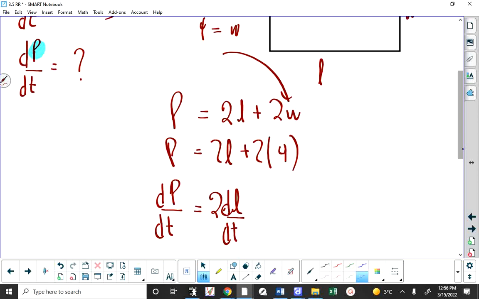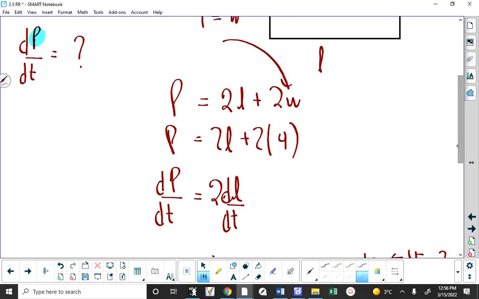The derivative of a constant is 0. And if you put in dl dt of 2, then you're going to get dp dt equals 2 times 2, which is 4, which is not the correct answer. And you will have to take my word for it that the answer is the correct answer.